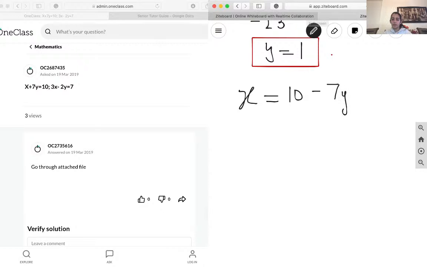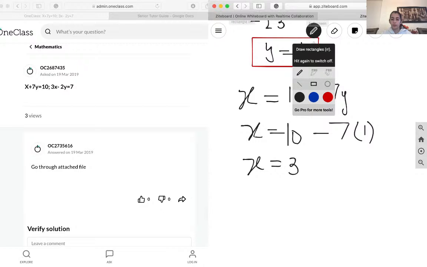Now we substitute our y into the equation: x is equal to 10 minus 7 times 1, which is 10 minus 7, which is 3. So our x is equal to 3.